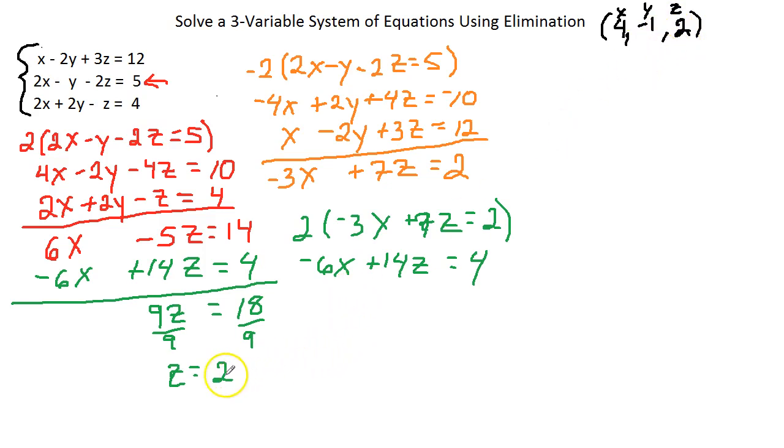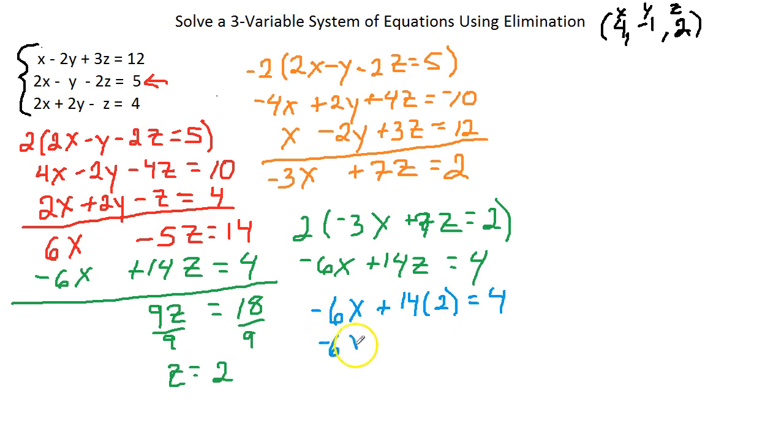Now, to find the value of x, I will plug this into either the red equation or the green equation. Let me get another color. We'll do light blue. Since there's nothing under this, I'm just going to plug it into this one. So negative 6x plus 14 times 2 equals 4.